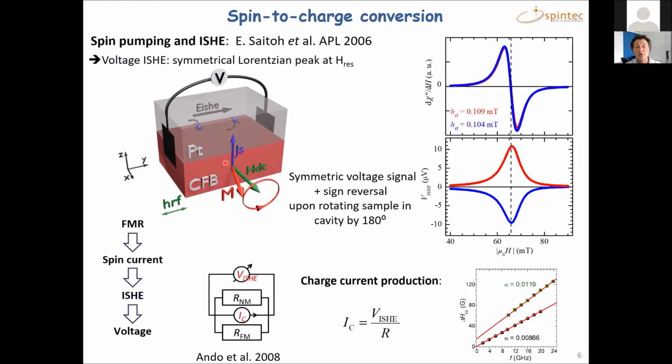Then you estimate the charge current that has been produced by just dividing this measured voltage by the resistance of the slab, and having the spin current injected and the produced charge current, you can do some quantitative estimation of the conversion efficiency.